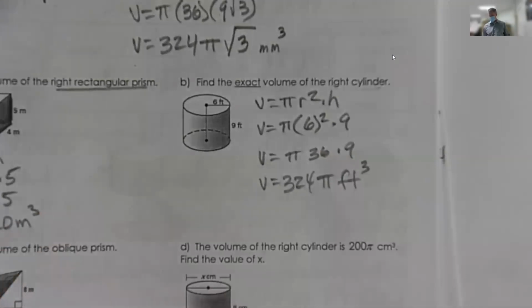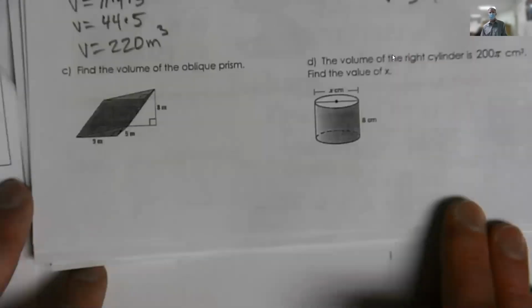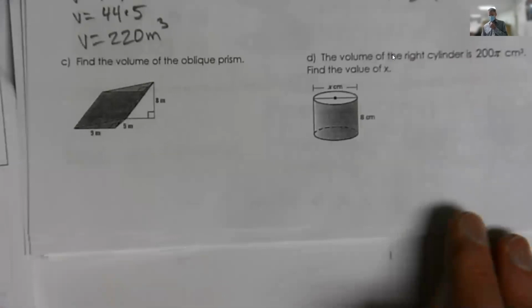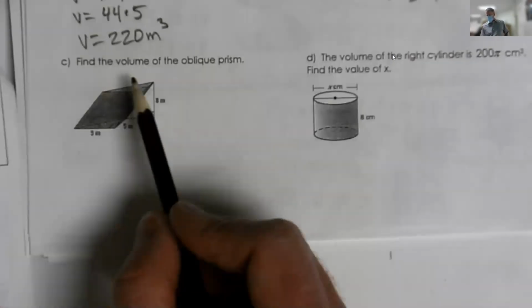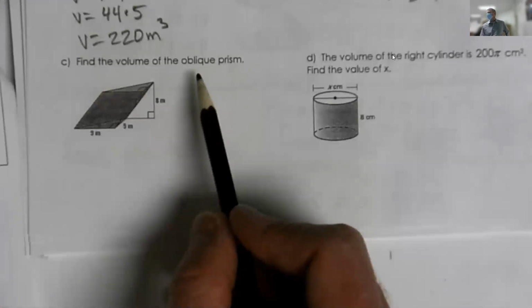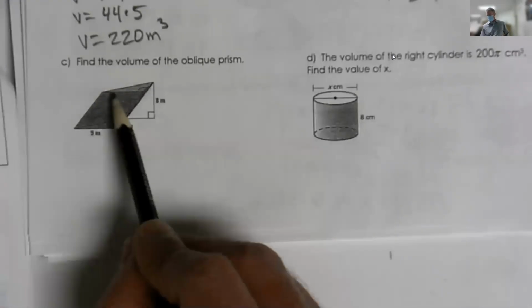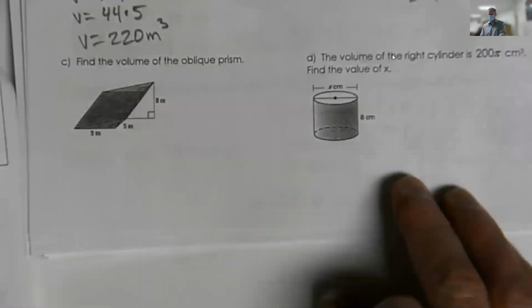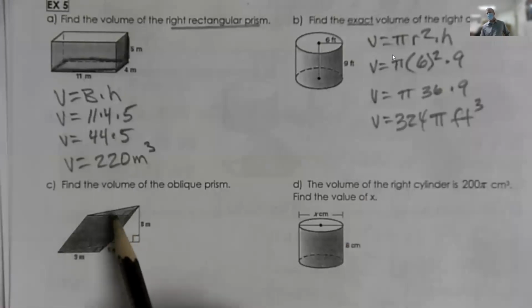Two more questions. Now, in this case, this is an oblique prism, an oblique triangular prism, because the bases are triangles. Since the triangles are bases, to calculate the area of the base, we need to be perpendicular.